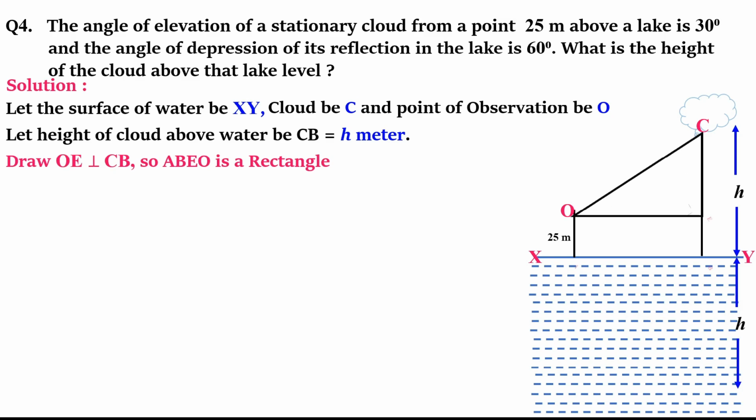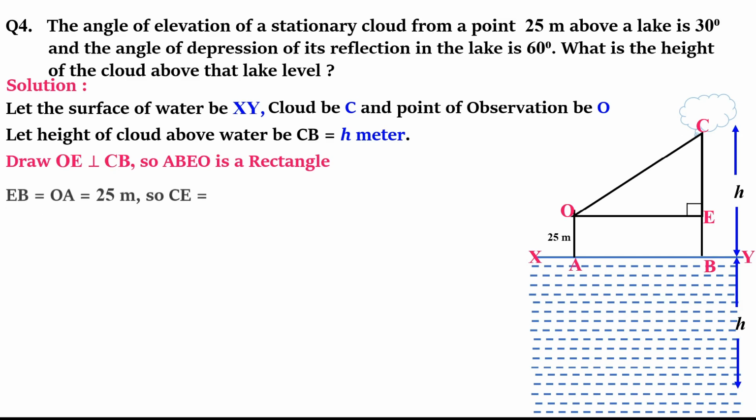Now I have dropped a perpendicular, as you can see, OE is perpendicular to BC. BC is the height of the cloud above the lake level, and it is taken as h meter. So BC is the height of the cloud above the lake, and OE is the perpendicular dropped on BC, and thereby I get a rectangle ABEO.